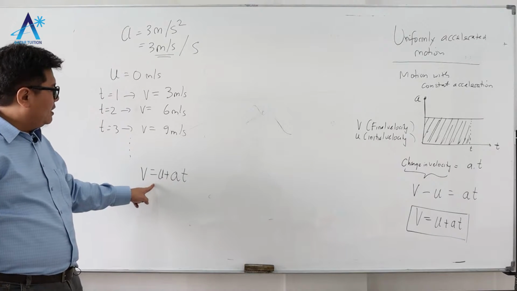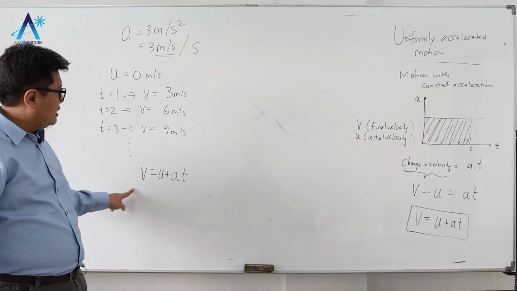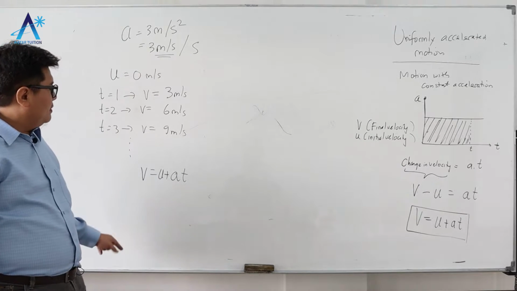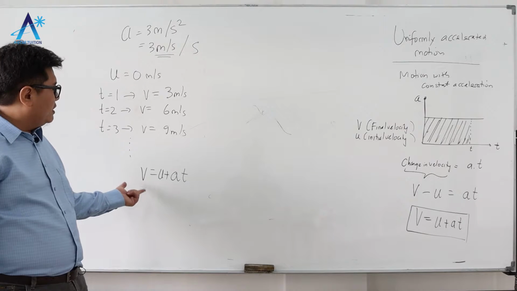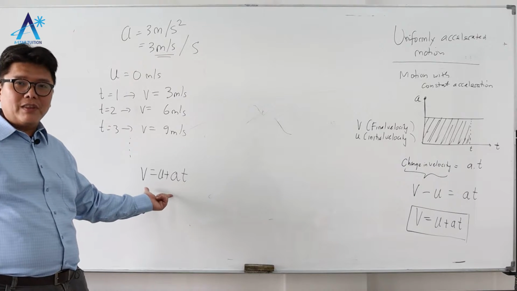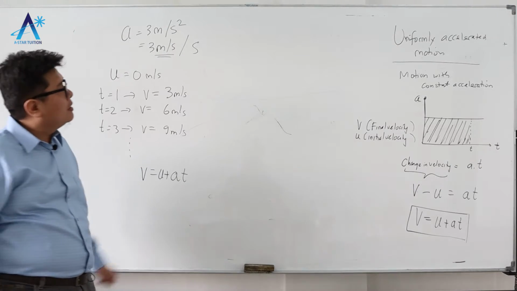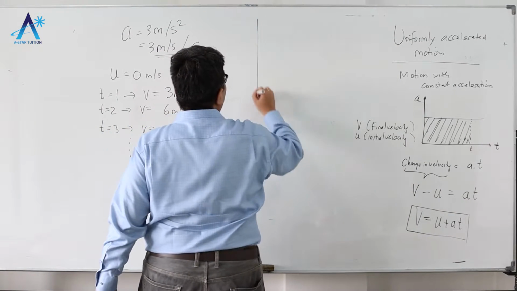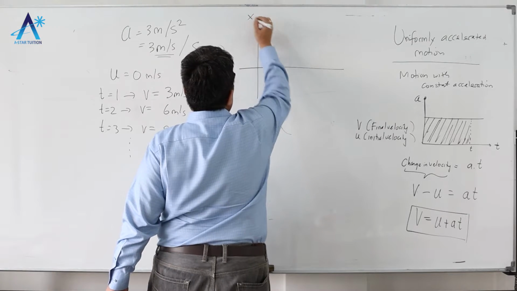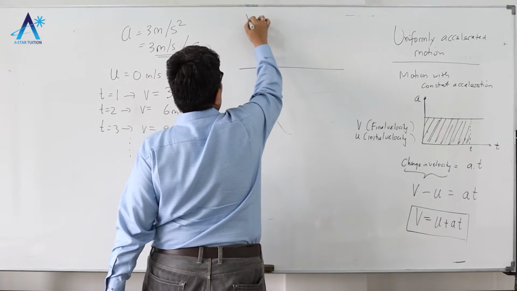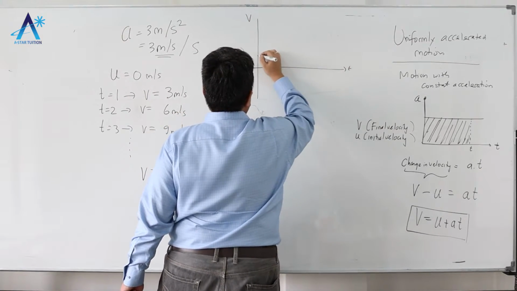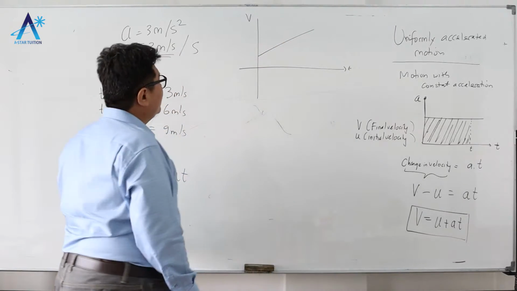This is actually a linear function of time, where you can see that the velocity is a linear function of time. So u is a constant, a is a constant, t is the only variable. So I can actually draw the graph of velocity function against time as this. It's a straight line because it is linear.